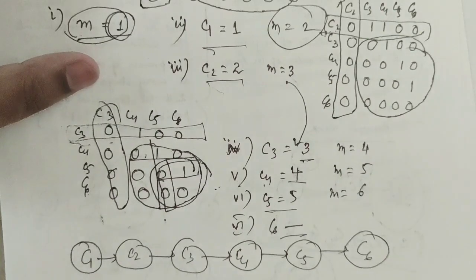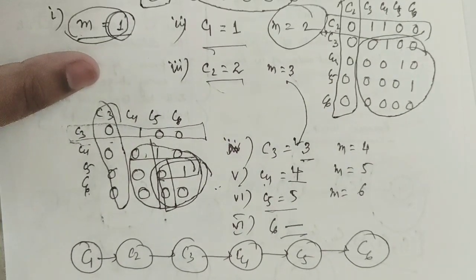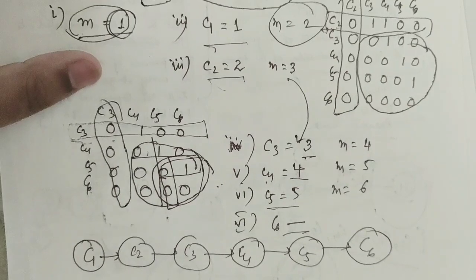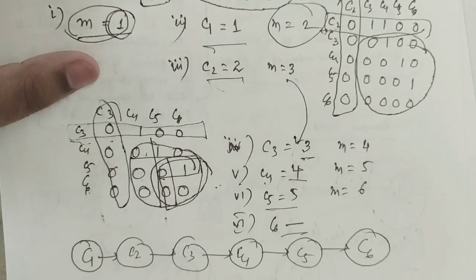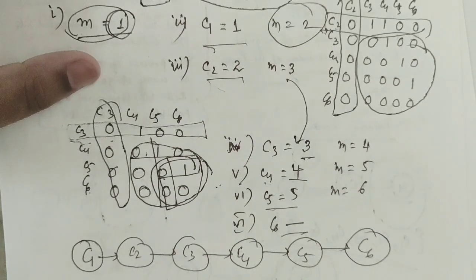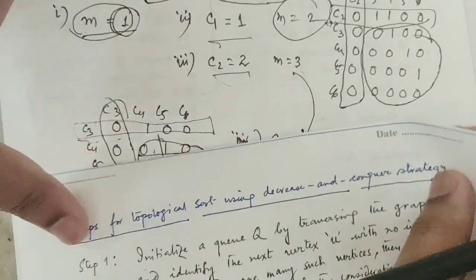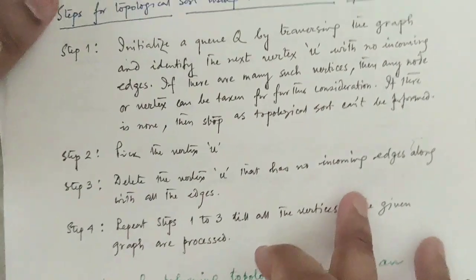Fine. So let me give you the algorithm steps that I mentioned for topological sort using the decrease and conquer strategy, and the procedure for performing topological sorting using an adjacency matrix. Let me give a brief summary.